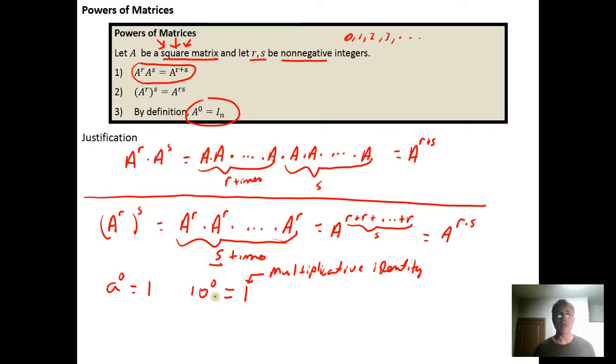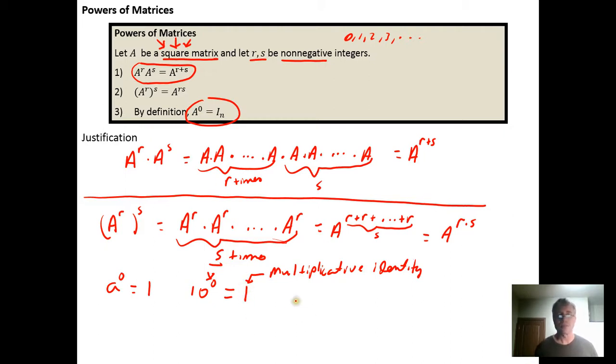So the way that we want to think about raising a real number to the 0 is that we're really raising the real number to the additive identity. And when we raise a real number to the additive identity, the result is the multiplicative identity.